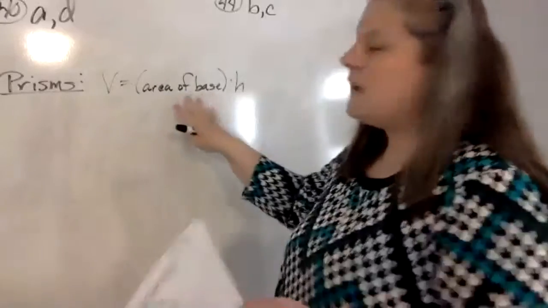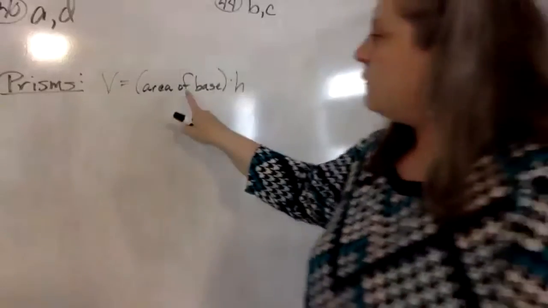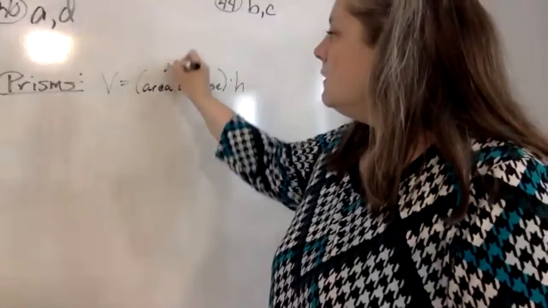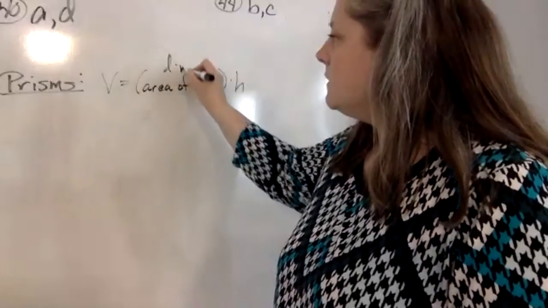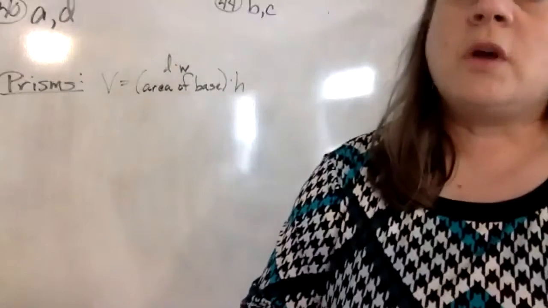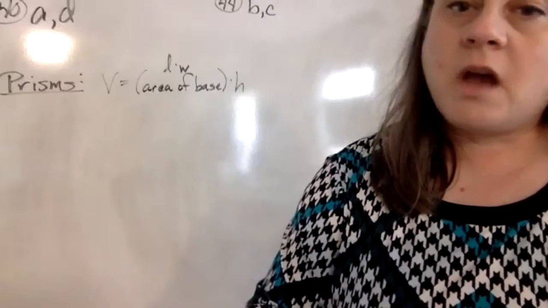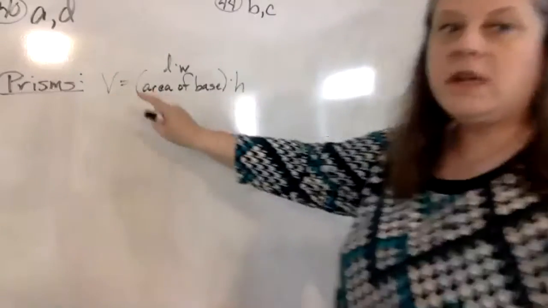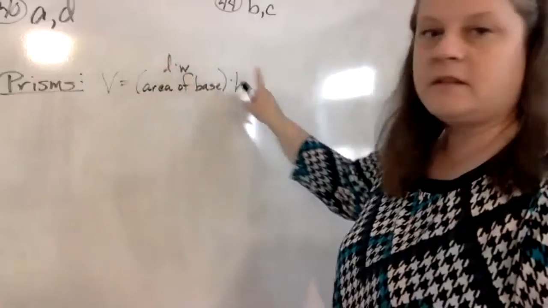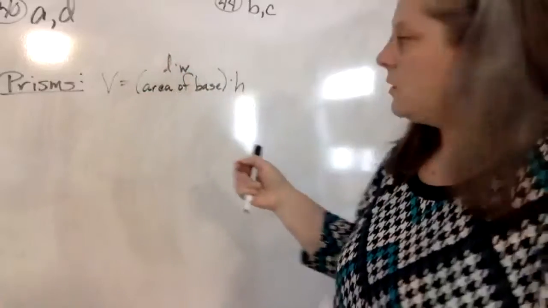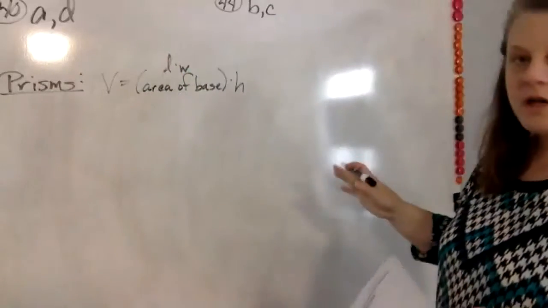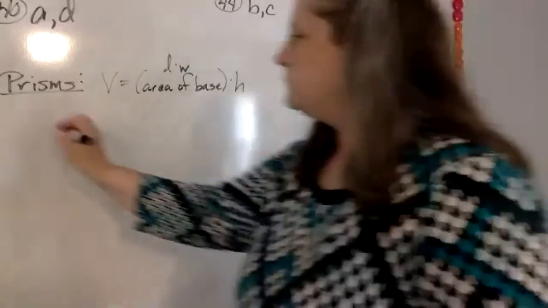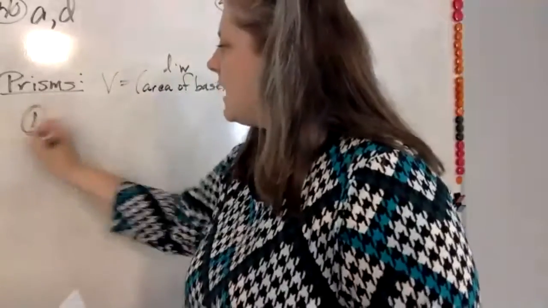So remember, if it's a rectangle, the formula for the area of a rectangle is what? Length times width. So most of them that we're going to be talking about for your volume, you're going to take length times width times the height. Okay, so that's for the volume. So we're going to go through and look at that for number 1. Okay.